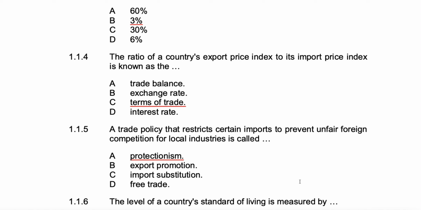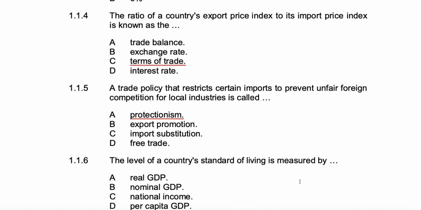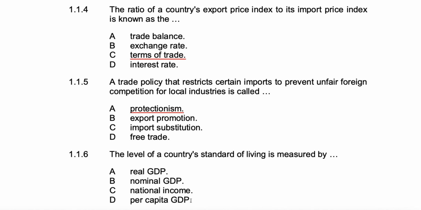The level of a country's living standards, okay. This one is measured by per capita. That will be this one here. Real GDP measures growth. Nominal GDP, it also measures growth, but at current prices.